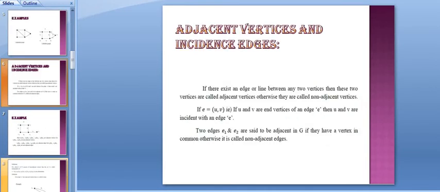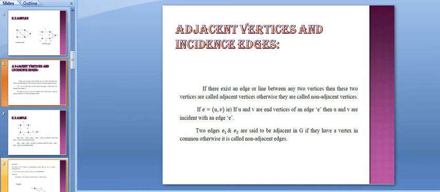Now we have a definition of adjacent vertices and adjacent edges. If there exists an edge or a line between any two vertices, then these two vertices are called adjacent vertices. Otherwise, they are said to be non-adjacent vertices.